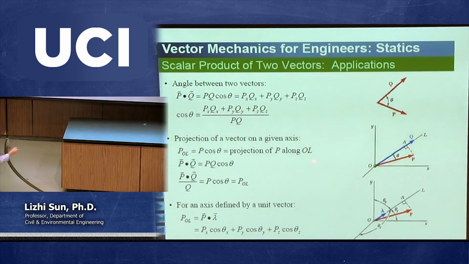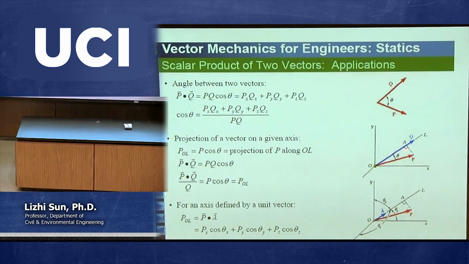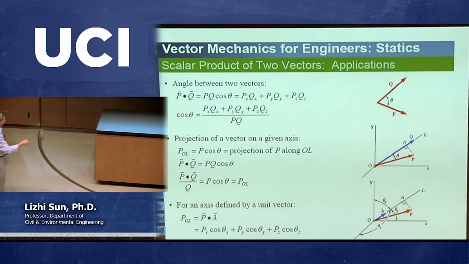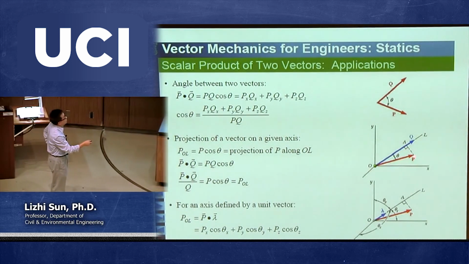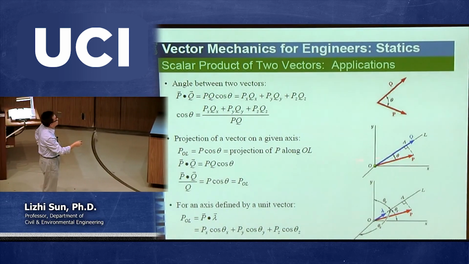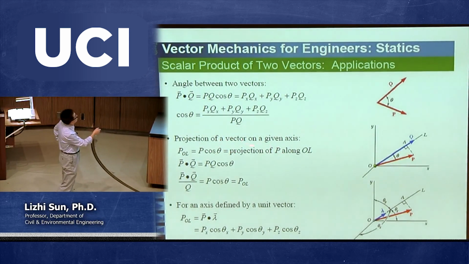Okay? So from this triangle with a right angle here, the projection OA should be equal to the magnitude of this vector P multiplied by cosine theta. So that's the definition of the projection of a vector about that given axis. So P times cosine theta, that's a projection.